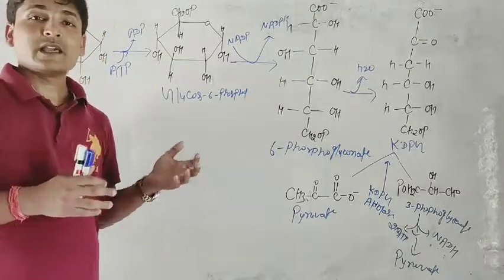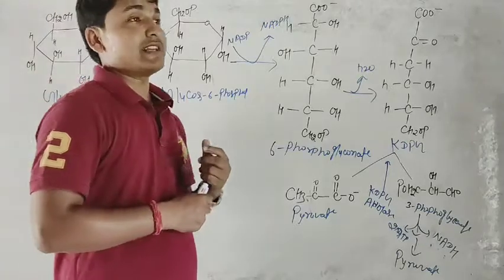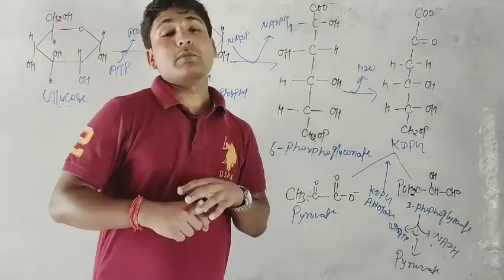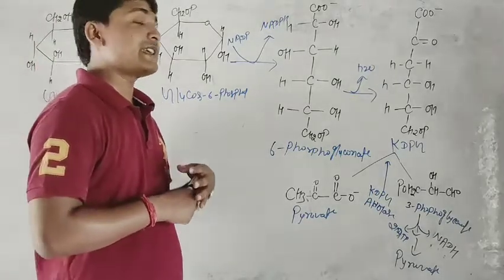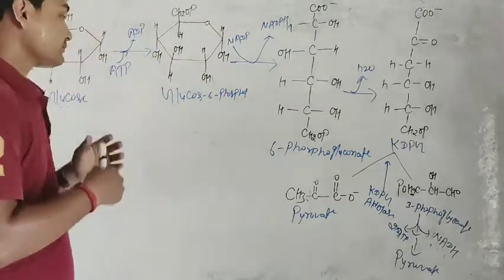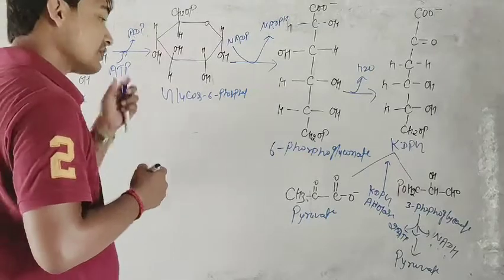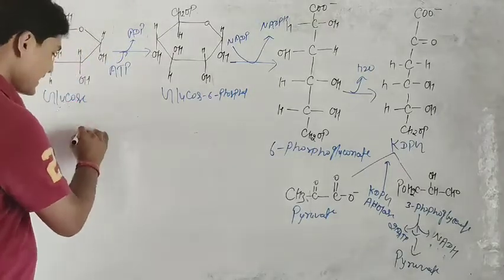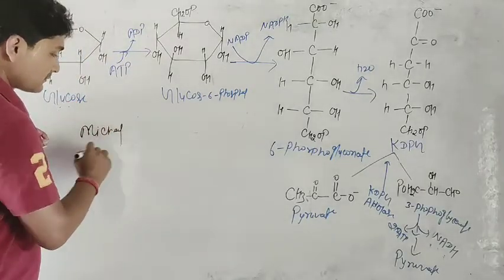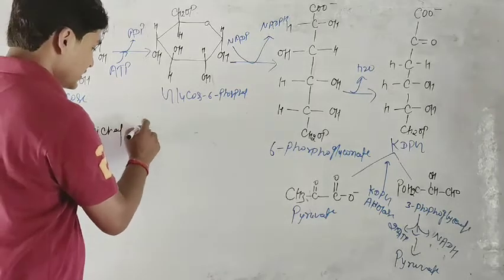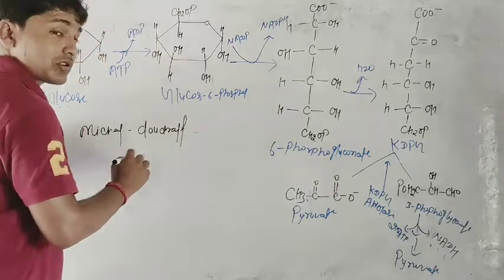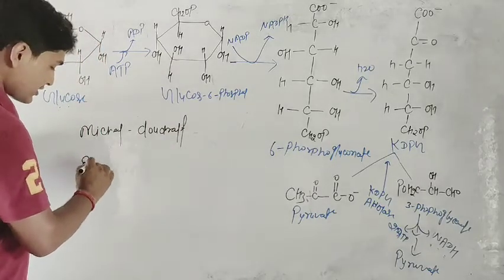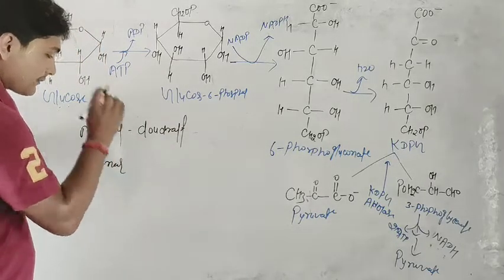The pathway is named after the scientists who discovered it: first Michael Doudoroff, and second Entner.